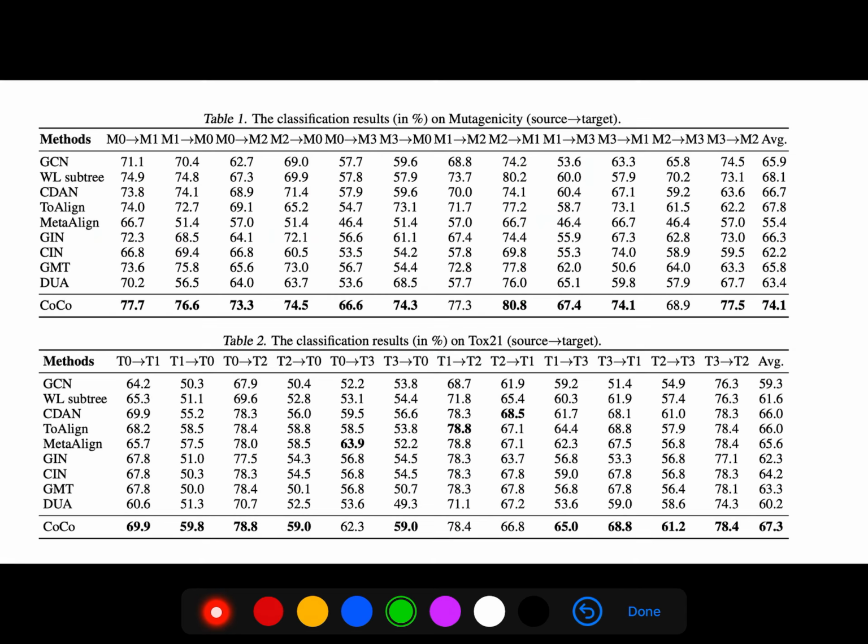So you see, when you go from one source to another target, for example, from source M3 to the target M1, if you compare graph convolution with CoCo, you see CoCo has improvement. They did it on the Mutagenicity dataset and the Tox21 dataset.